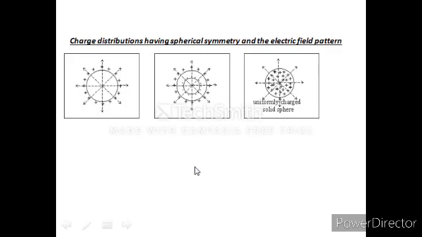Next, there exists symmetry about a line. In all such cases, the charge density will depend only on the perpendicular distance from this line of symmetry. So there are several examples of this cylindrically symmetric charge distribution.